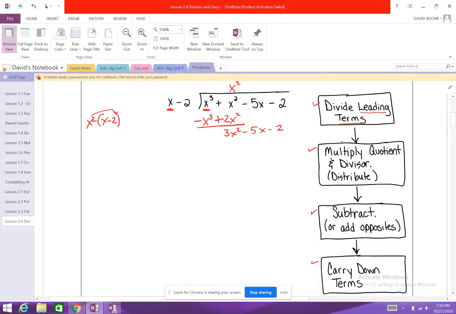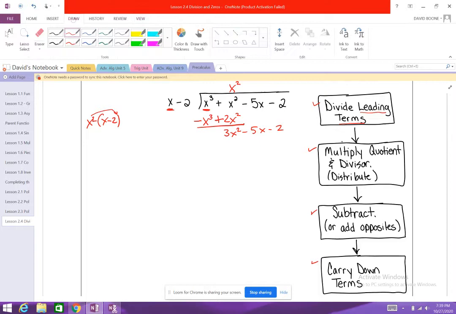We're going to repeat this process. I'll do it again, but now in a different color. Now what I'm looking at again is the leading terms. I'm looking at this x and this leading term of 3x squared. I'm thinking to myself, 3x squared divided by x, or what do I multiply x by to give me 3x squared? That would be 3x. So I did that part.